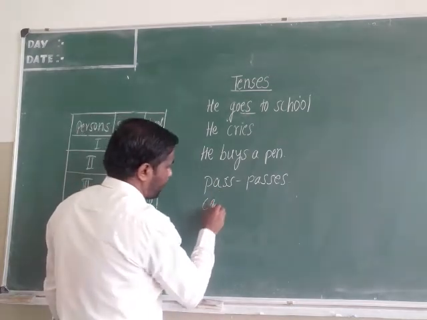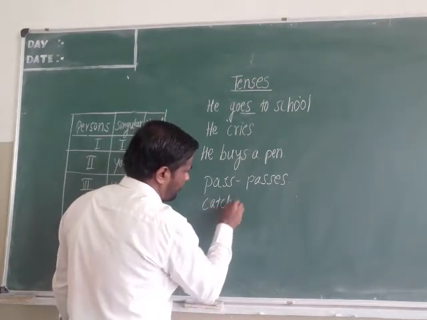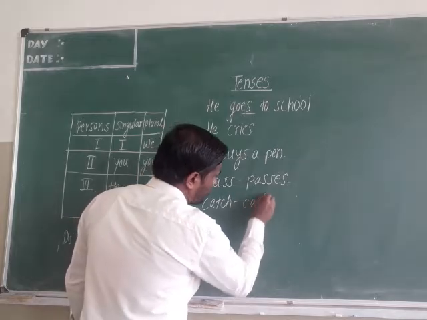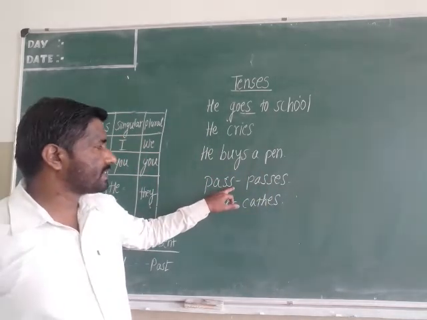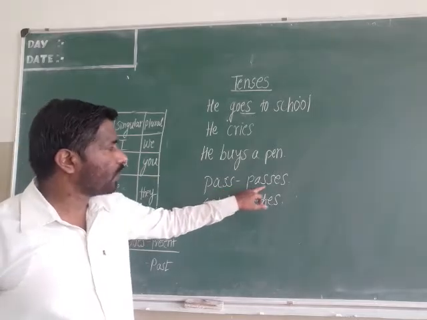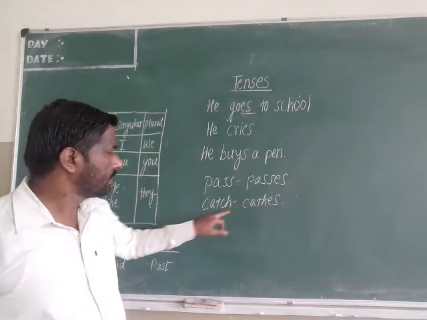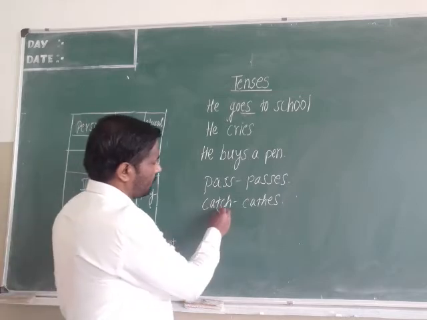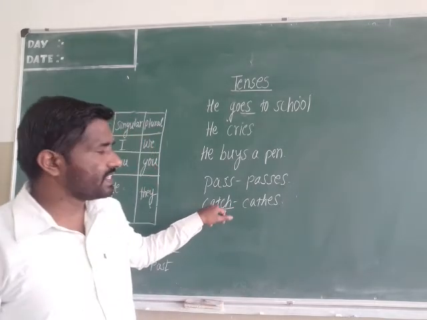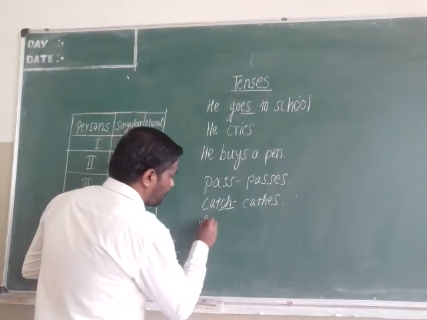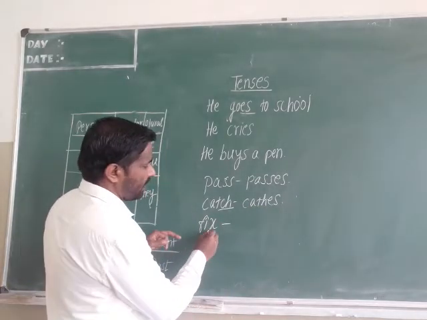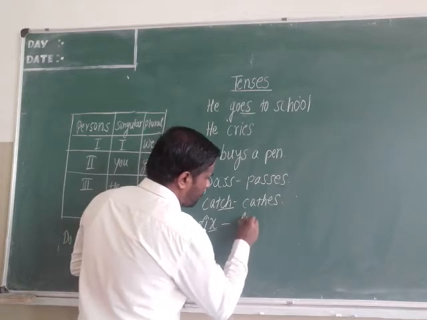For example, catch. C-A-T-C-H. Catches. Here the verb ended with CH. So you have to use what? ES for that. For example, fix ended with X. You have to use what?